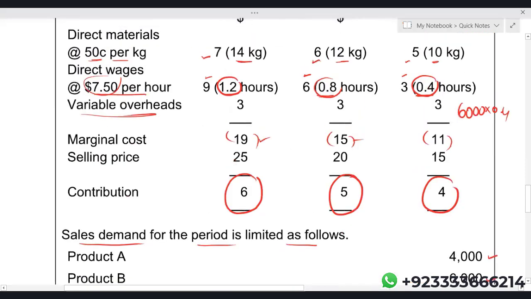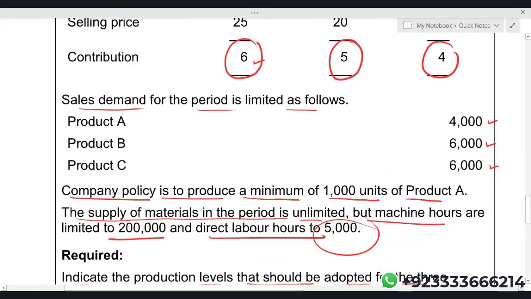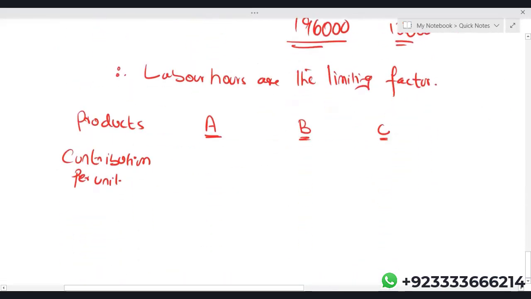A is having a contribution of 6, B is having 5, C is having 4.